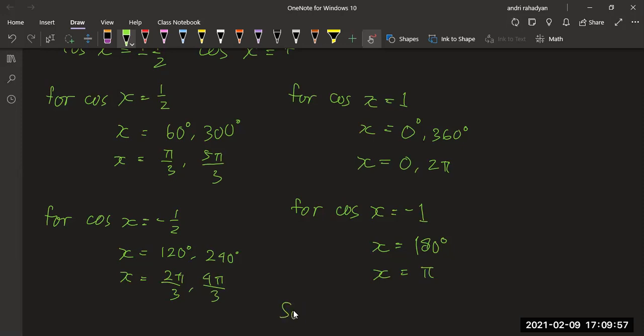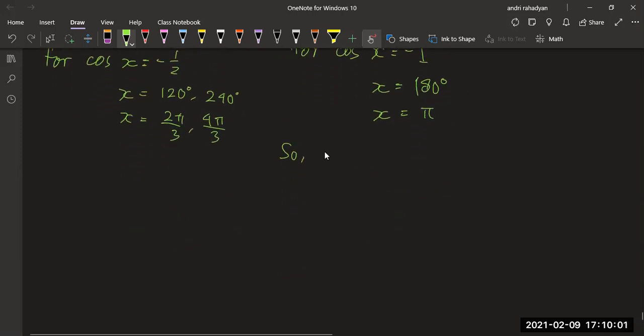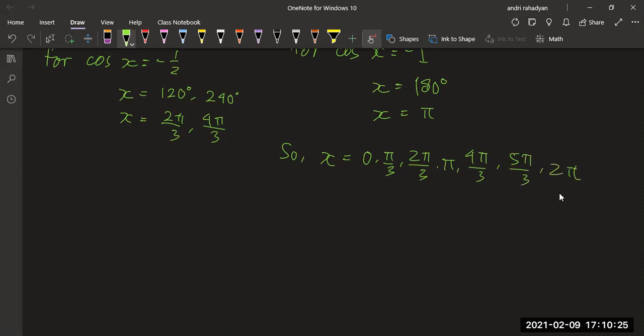So x equals 0, pi over 3, 2 pi over 3, pi, 4 pi over 3, 5 pi over 3, and 2 pi.